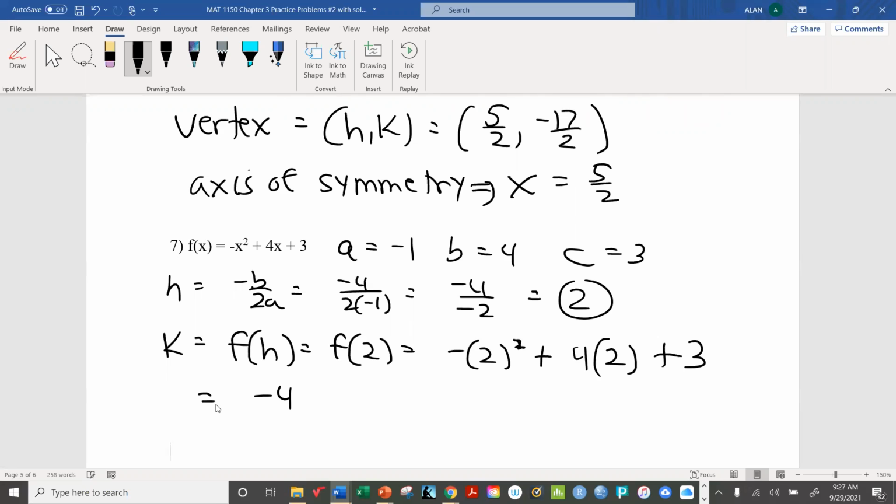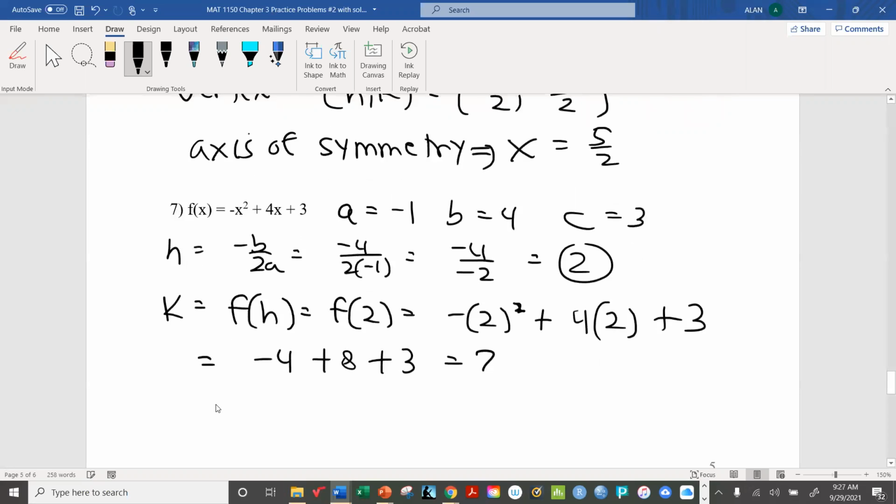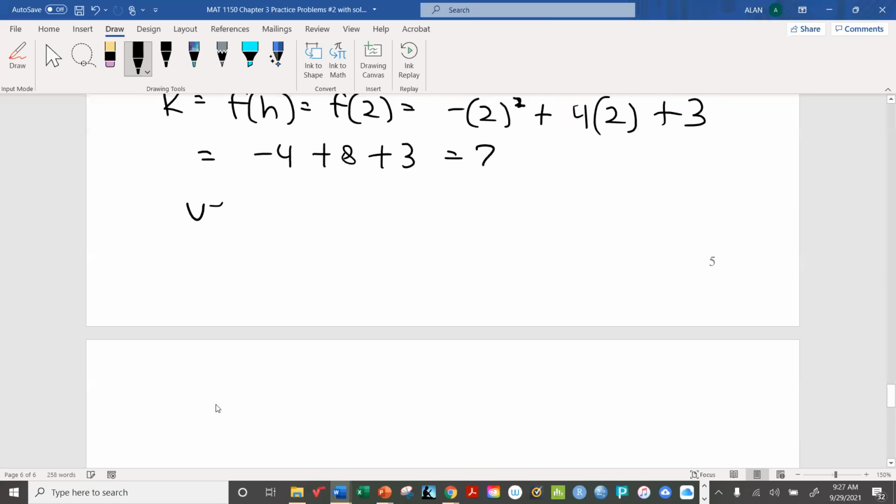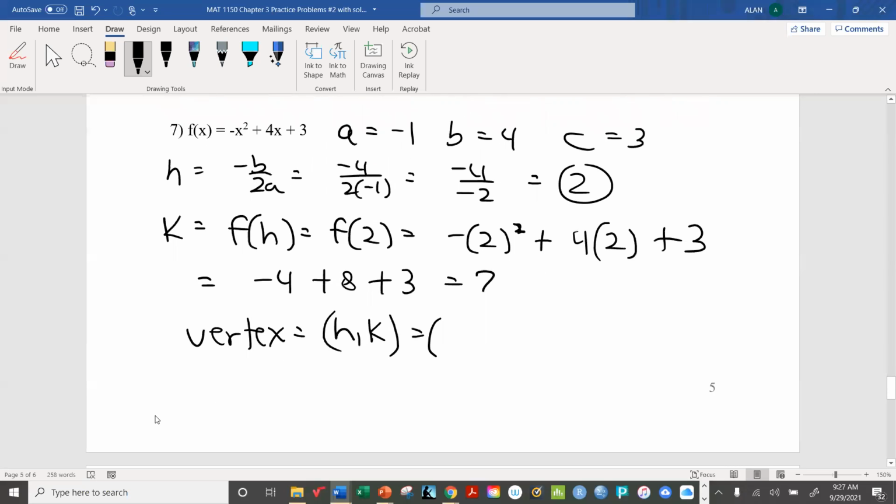So this is -4 plus 8 plus 3, which is 7. And so the vertex is therefore 2, 7. And the axis of symmetry is just x equals 2.